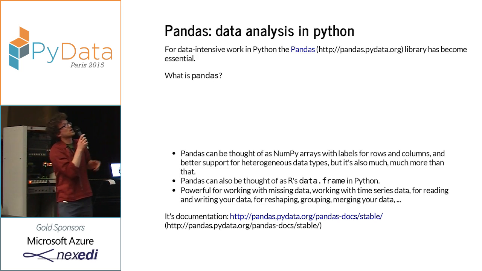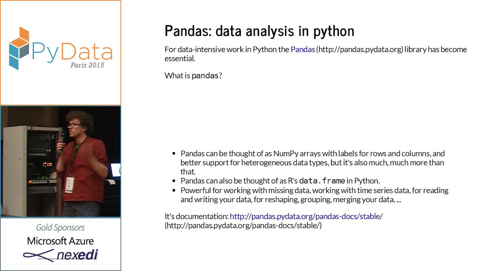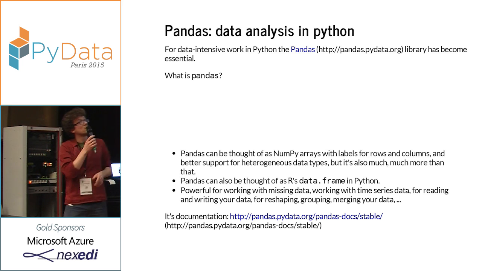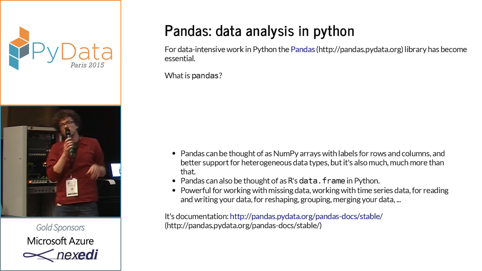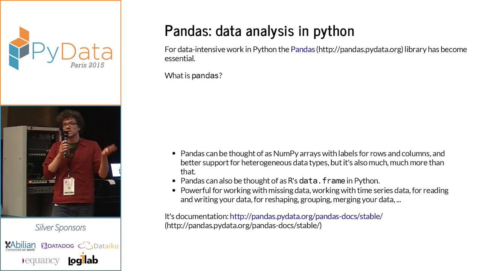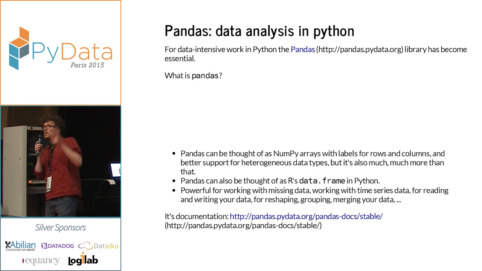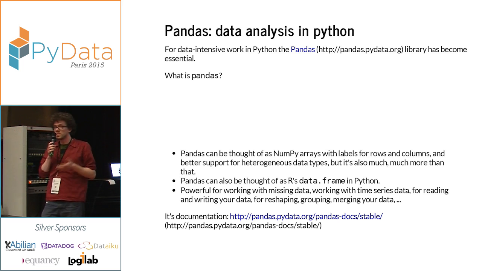You can think of Pandas as being based on NumPy arrays, but providing labels to those NumPy arrays, and it also has support for heterogeneous data types, which is not possible in NumPy. And you can also see it as the typical example of the data frames, but then in Python, with, of course, the whole Python ecosystem around it.